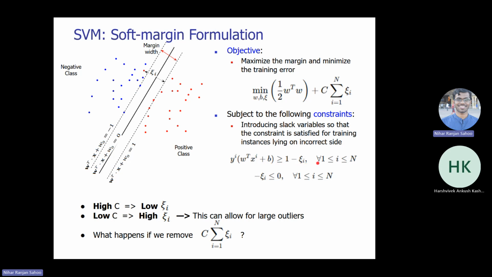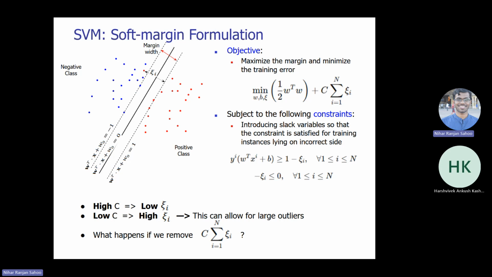Any doubt here? Why are we putting this xi in the minimization problem? Forget about C, I'll discuss it. I is the index for each data point, capital N is the total number of data points.